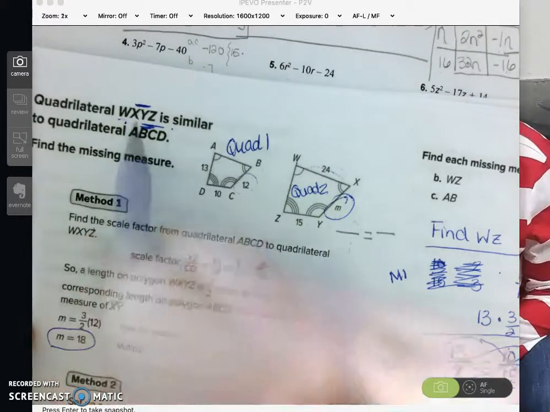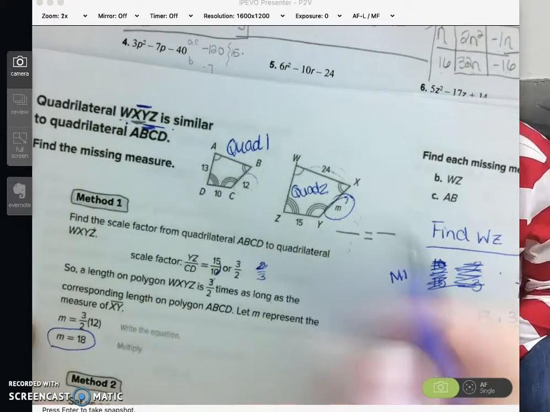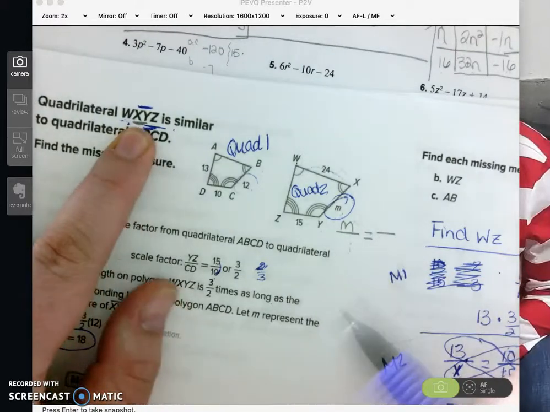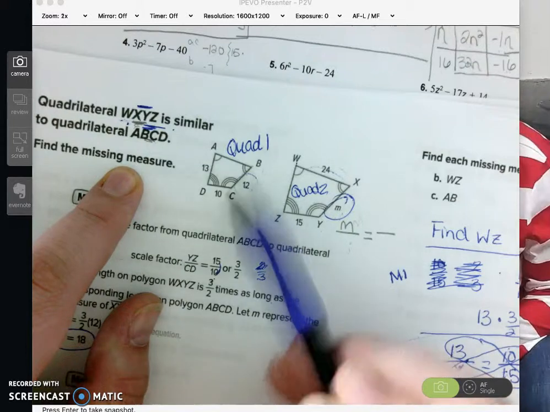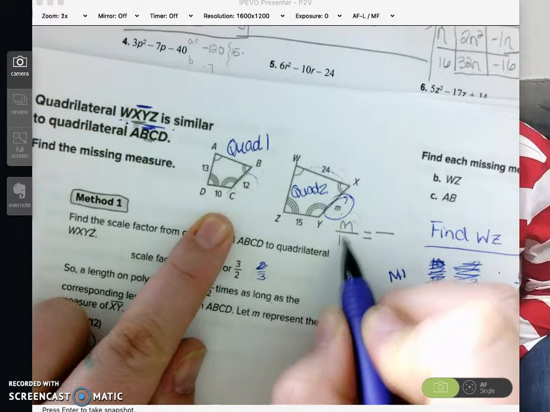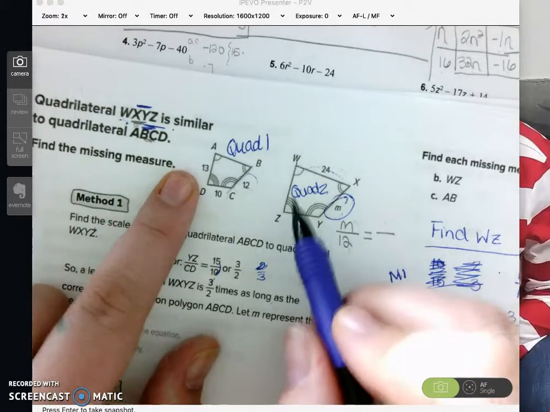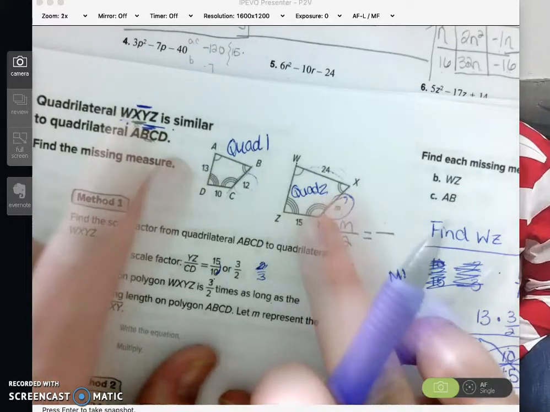So here, I'm looking for x, y, and that's my two middle ones, right? So I'm going to put m in there for x, y. My corresponding side to x, y, so these are my two middle ones, would be BC. So side BC goes here, which is 12. And then here, I need to find two side lengths, one from this one and one from this one.